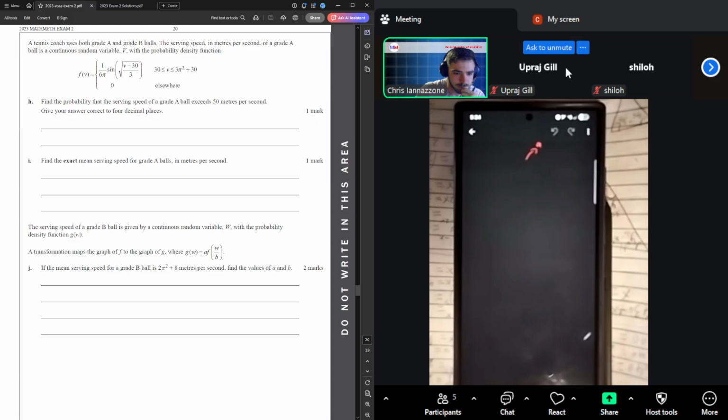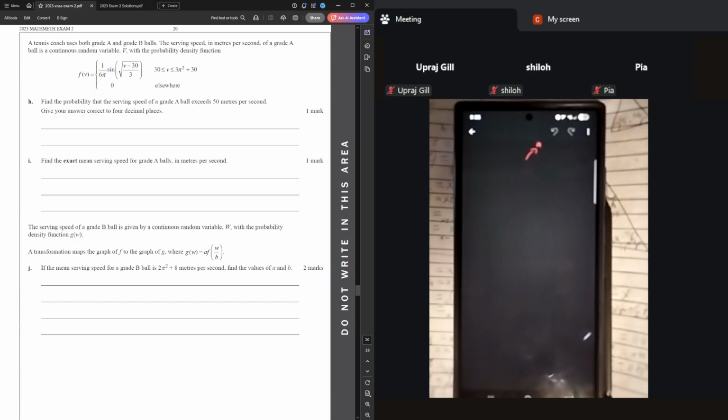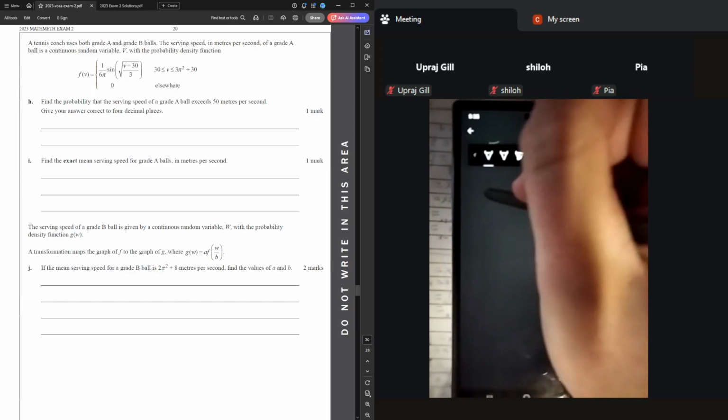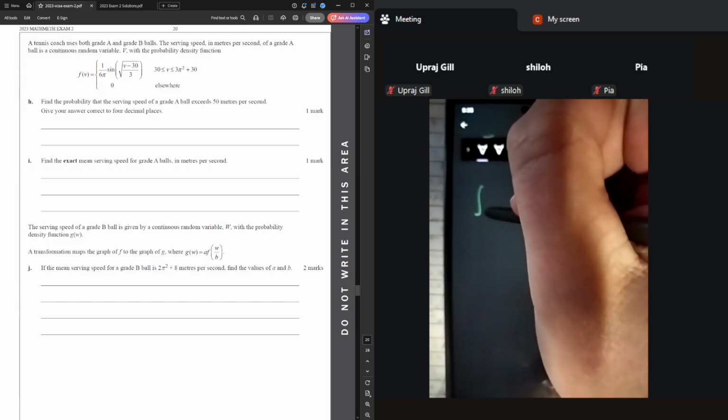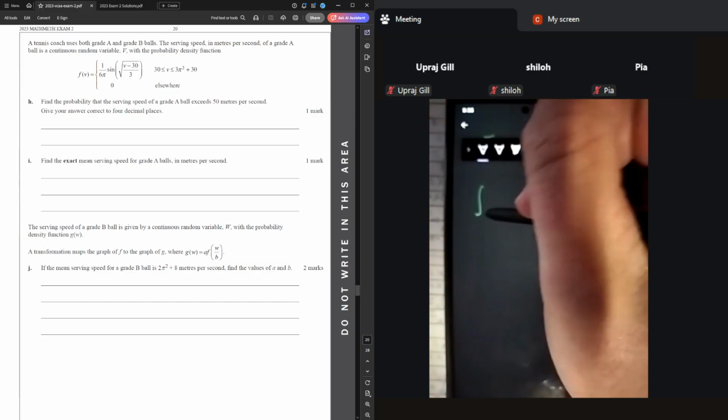Maybe fully stuck. Okay. So when it comes to continuous probability, we're pretty much exclusively using integrals. When it comes to finding a probability of a certain thing occurring, it's going to be the integral over the domain of that thing occurring. So let's say we're going to find the probability of x being greater than 1.